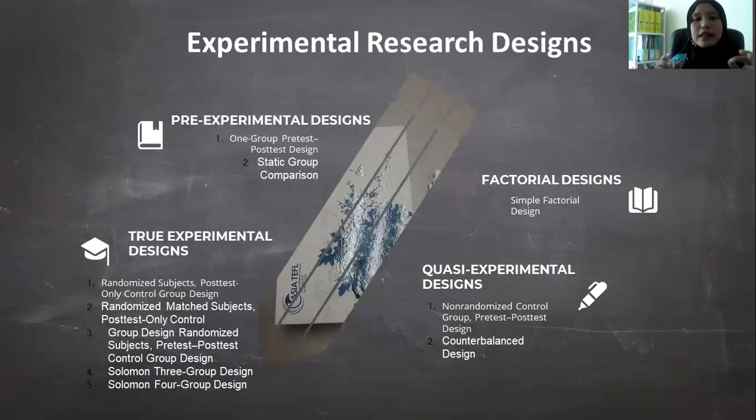Okay, this quasi-experimental design is very popular and familiar, used by the bachelor degree students of pre-service teachers at the Universitas Muhammadiyah Kendari. Actually, in experimental research design, they are very familiar with these two in applying this design, pre-experimental and quasi-experimental design.